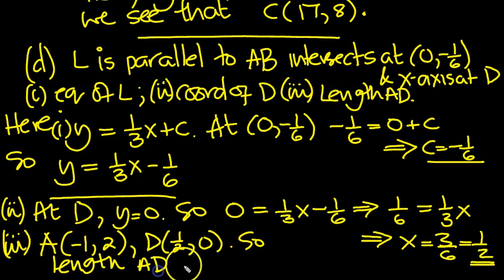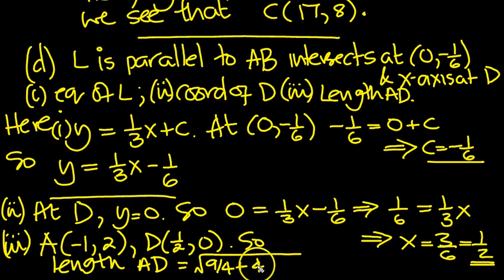To find the length A to D, use Pythagoras: it's the square root of the two sides squared. Horizontally, from -1 to a half is a distance of 3/2, so 3/2 squared is 9/4. Then vertically, from 0 to 2 is a distance of 2, and squaring that gives 4.